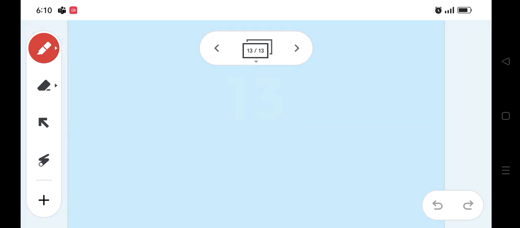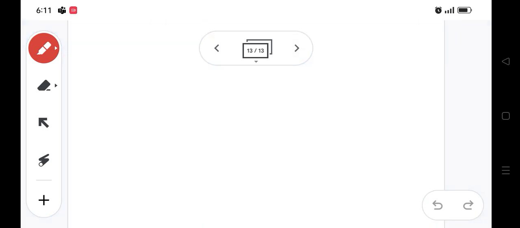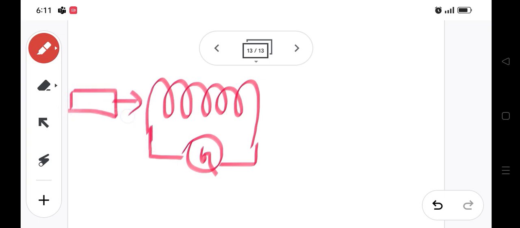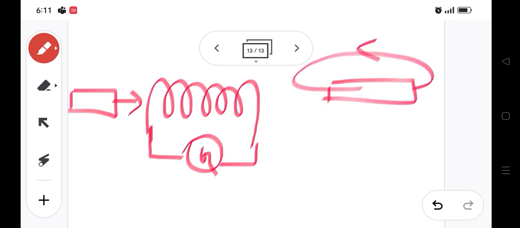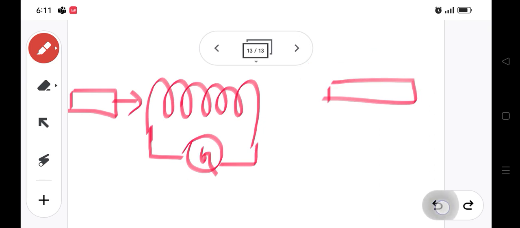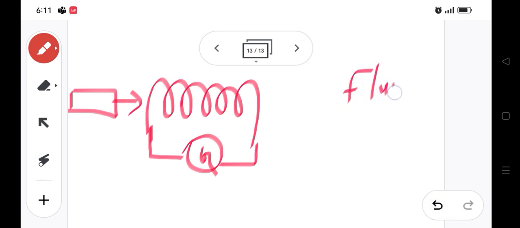So simply, what we had learned today, we are going to consolidate. We learned how electricity is induced in a circuit whenever there is a change in flux. These magnetic field lines together, suppose if it is north and south pole together, these magnetic field lines, what do we call them? We call them flux. Okay, magnetic flux we call them.